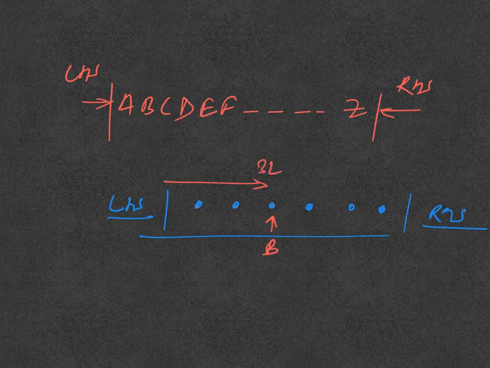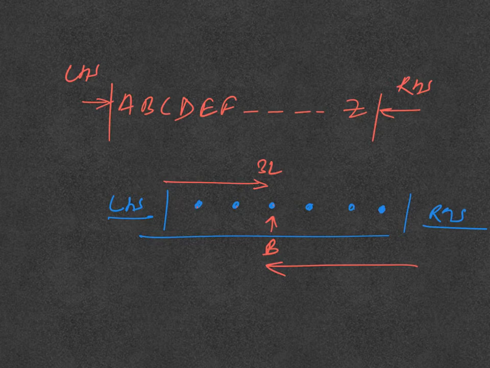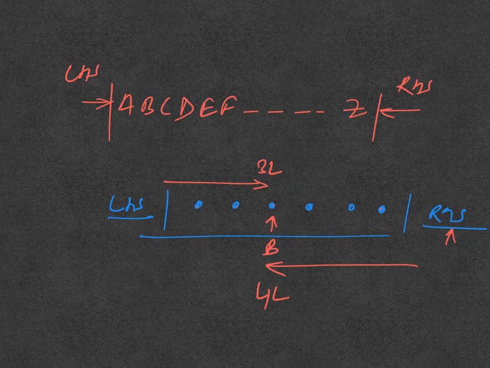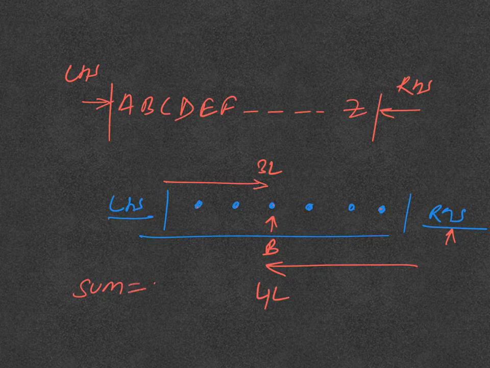So 3L means third from the left, and the position of this same boy from the right hand side is 1, 2, 3, 4. So if I add both the values, the value from the left hand side and the value from the right hand side, what will I get? The sum is equal to 3 plus 4, 7.